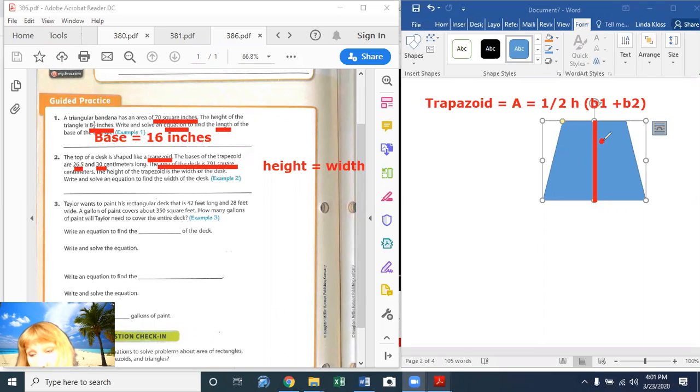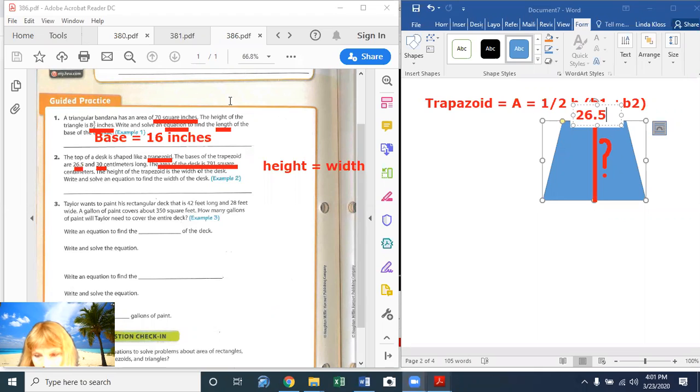So that's our question mark. Okay, right there. And we know base 1. Base 1 is, go back to the problem, the shorter base is 26.5. I'm going to use a text box. 26.5, right there.